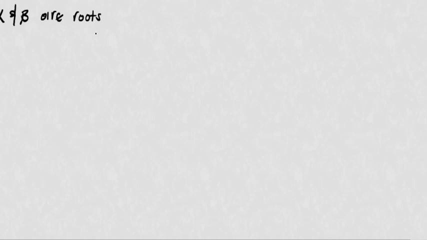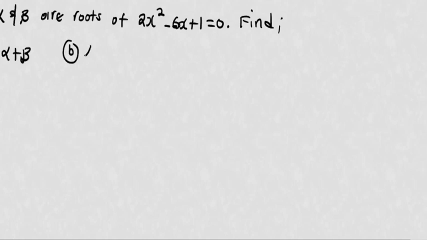is equal to 0. So suppose alpha and beta are roots of that, then we've been asked to find the following. First, we find alpha plus beta. Then the second one, we find alpha multiplied by beta.